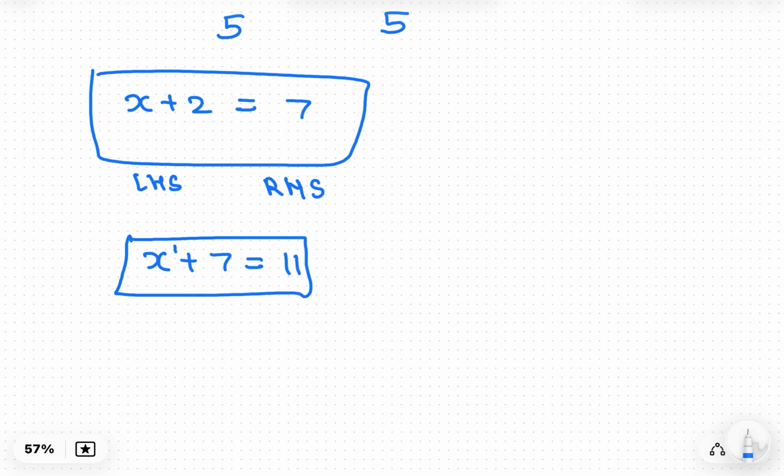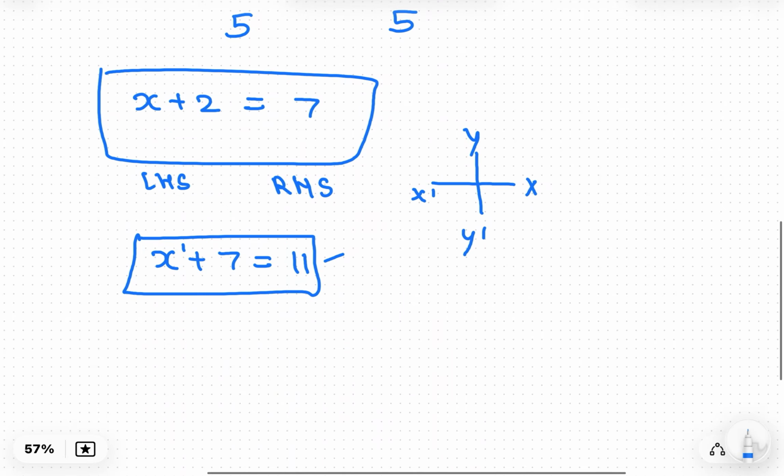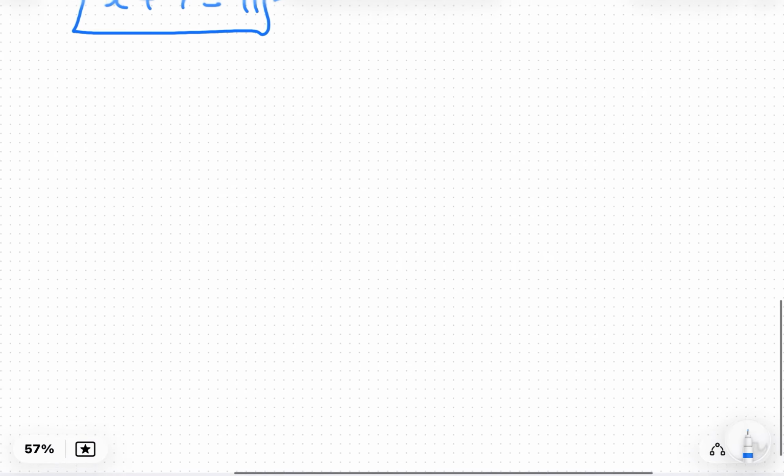So this is a linear equation, and the graph of this equation will always be a straight line, on the graph where we have the x-axis, x dash axis, y-axis, and y dash axis. We will understand it later when we solve this on a graph.